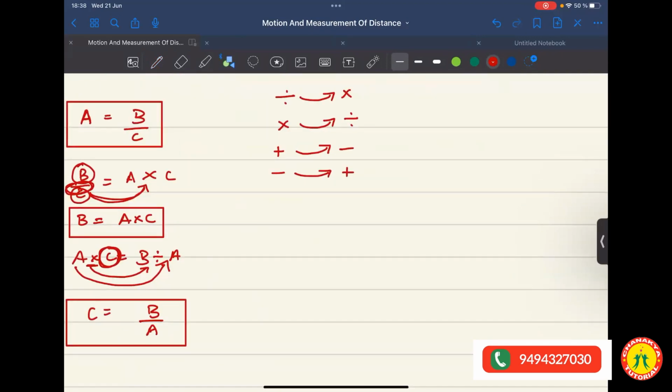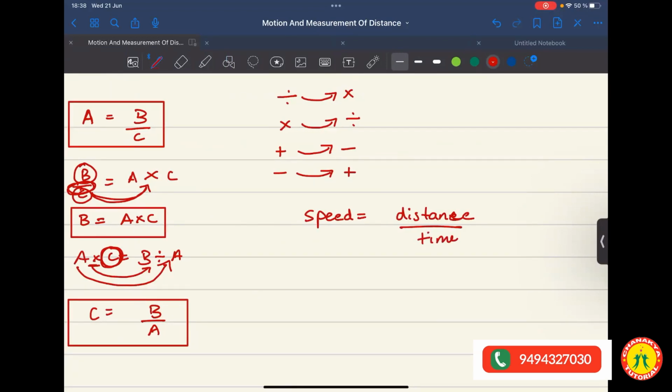So I'm going to apply this to this. You know that speed is equal to distance by time. In case there is no addition, subtraction, multiplication or division, but you want to find the value of time, you bring the time here and speed here.